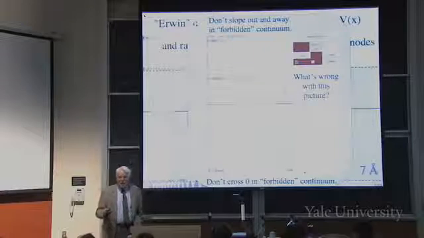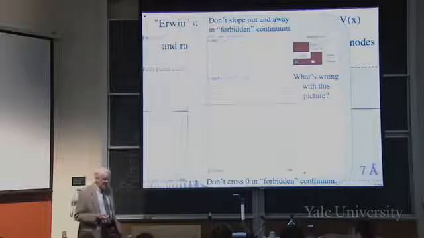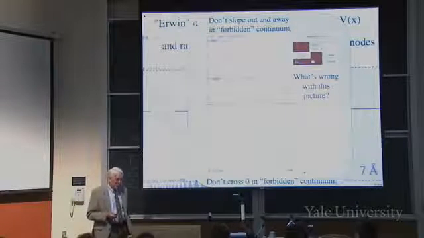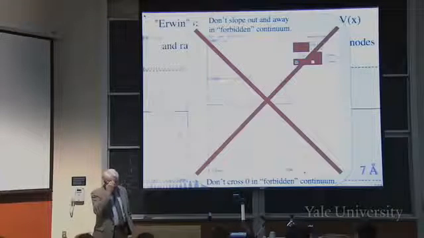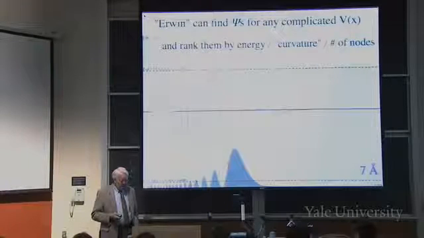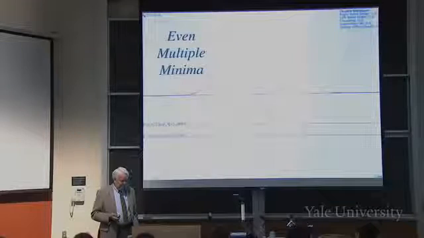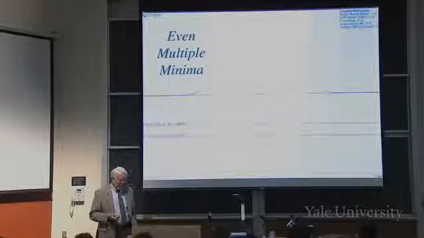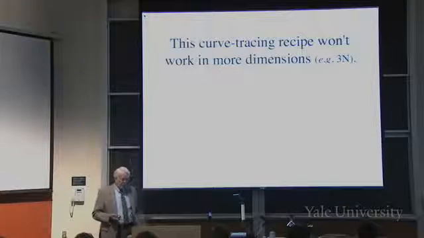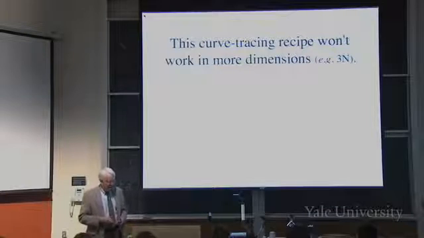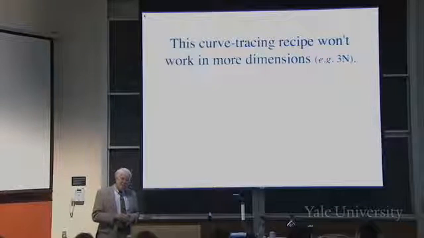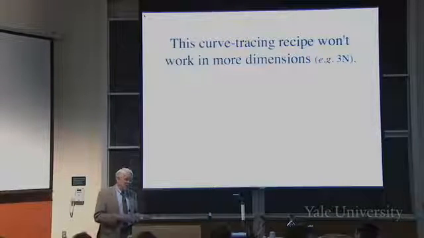So you've internalized a lot of this stuff now. Congratulations on doing well on the problem set. Okay, so that was a bad one. Okay, so it looks like we're in pretty good shape. We even can handle multiple minima and understand tunneling and so on. The unfortunate thing is this curve tracing recipe doesn't work if you have more dimensions.